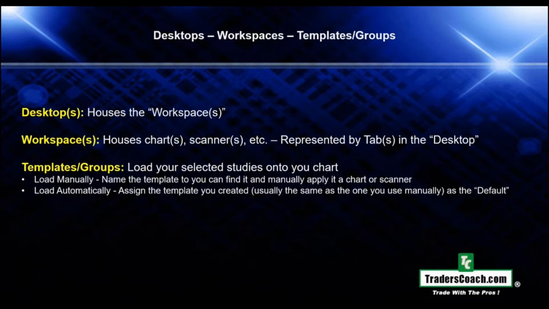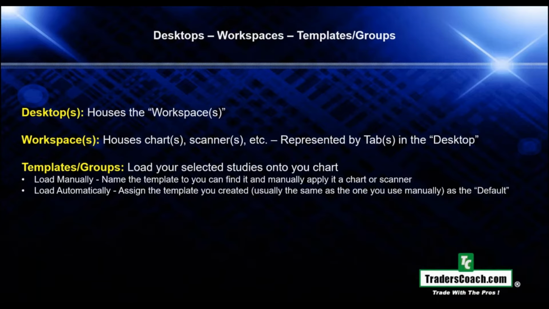The workspaces are a place where they house the charts or any windows you open associated with that workspace. They're usually represented by tabs in the desktop. Now, for example, in NinjaTrader, you may open up a desktop and not have a specific workspace, but there are tabs in there. So all those tabs are kind of like what I call workspaces. In TradeStation, they actually call them workspaces and desktops.